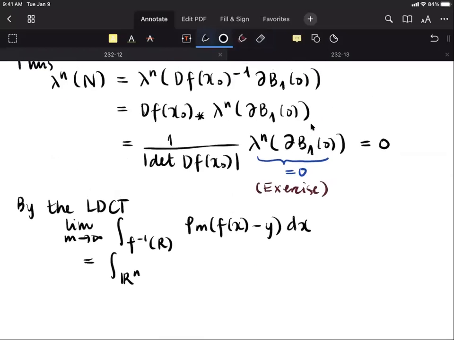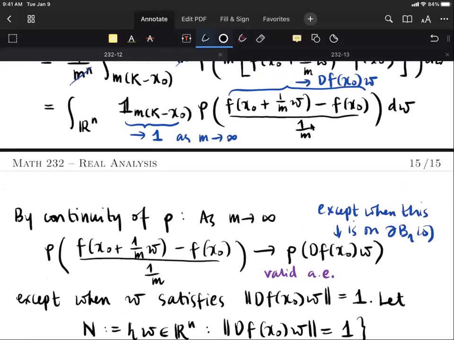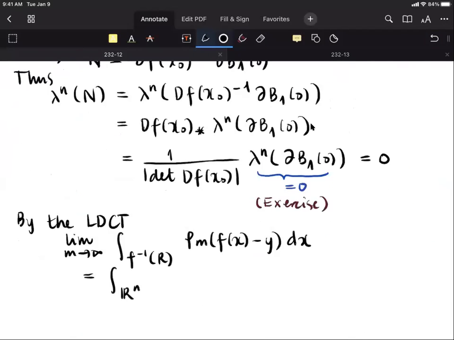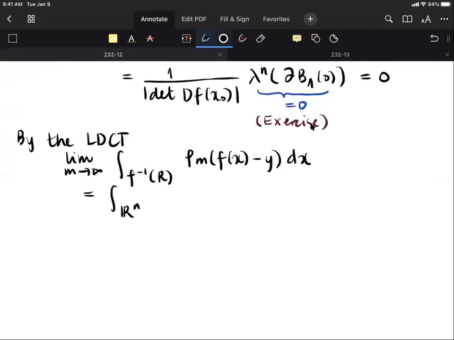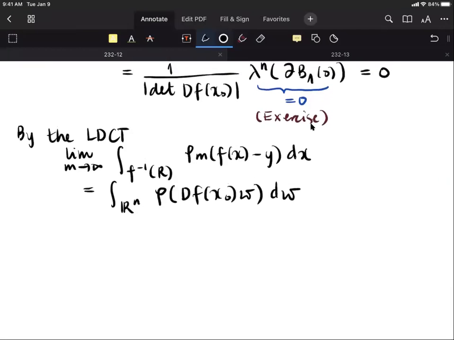If we take the limit, we said that here we have 1, and here we have the d of f x naught w. So that would be rho d of f x naught w. Well, this is valid except on a set of measure 0, but then that will not contribute to the integral.